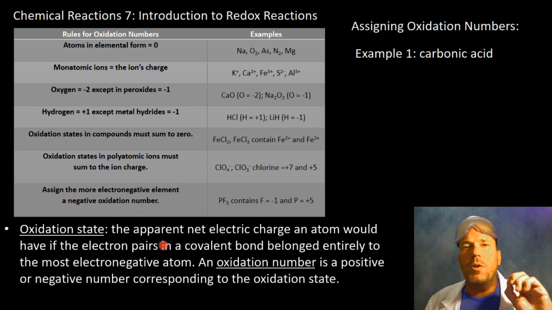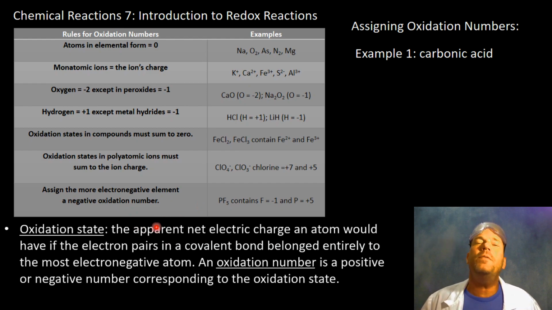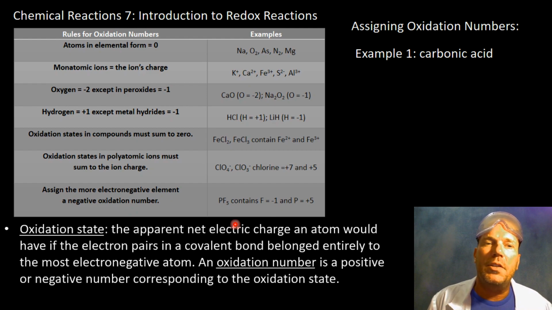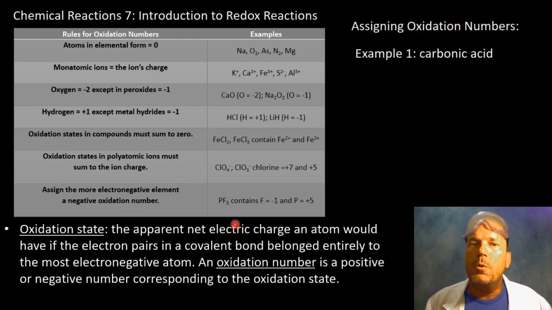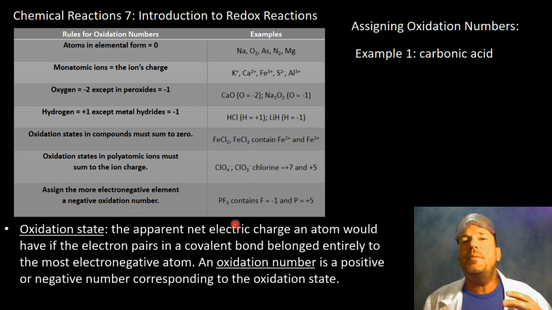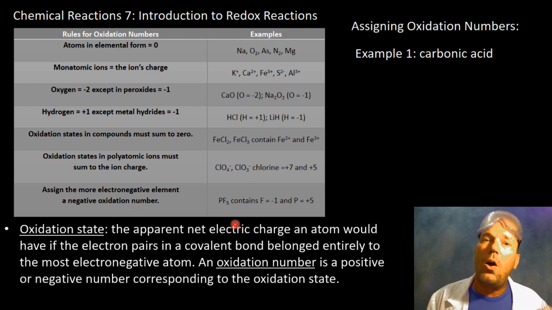So I'm using the words apparent net charge an atom would have. Okay, so apparent, that's very important. When we assign oxidation numbers, it's really just a bookkeeping task, all right? Not all of the species are actually charged.